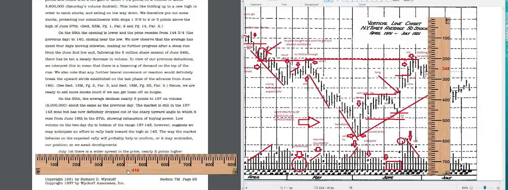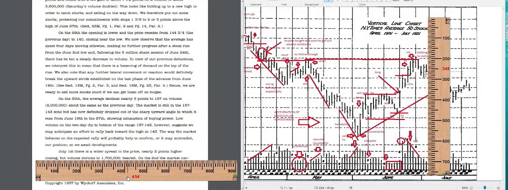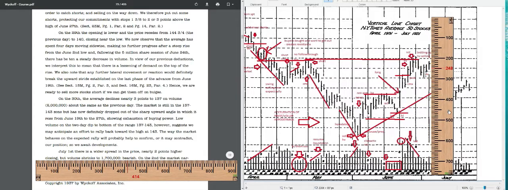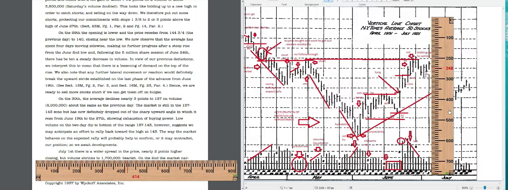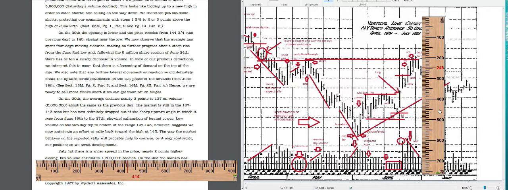July 1st, there's a wider spread in price and nearly 2 points higher close, but volume shrinks to 1.7. What is this? July 1st? You know what he's talking about.